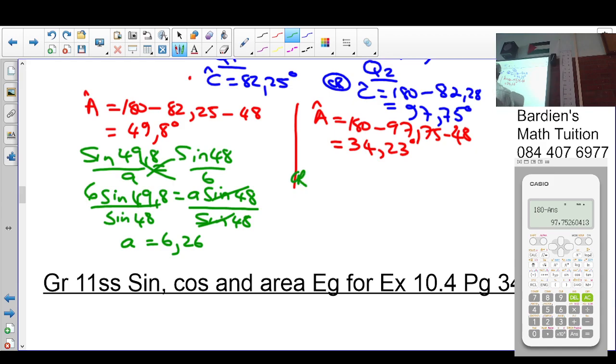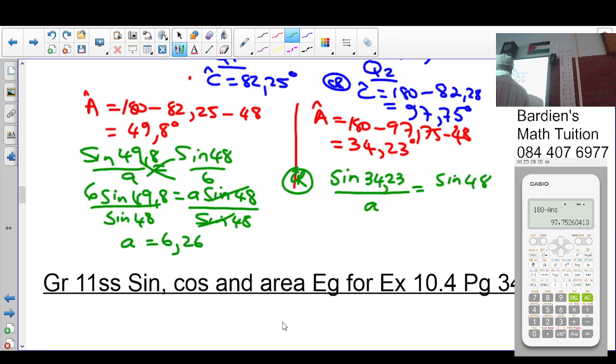Or, on the other hand, we will use the angle of 34.23. So sine 34.23 over lowercase a is equal to sine 48 over 6. We cross multiply: 6 sine 34.23 is equal to a sine 48.